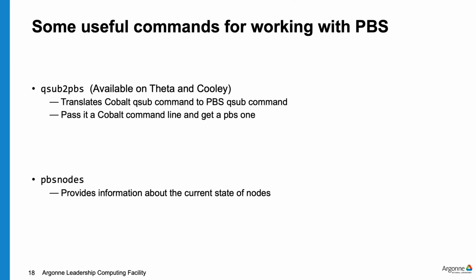Put simply, you'll pass it your Cobalt command line and it'll give you the PBS one that you can use on Polaris. That being said, it's a general tool, so it's not going to be specifically targeting Polaris. So you will have to make a few changes to specify that you're targeting the system Polaris. There's also the pbsnodes command, which can provide you some information about the current state of nodes on the system.